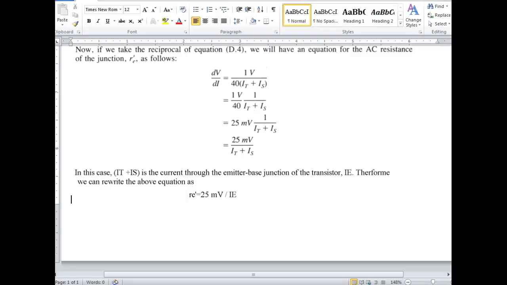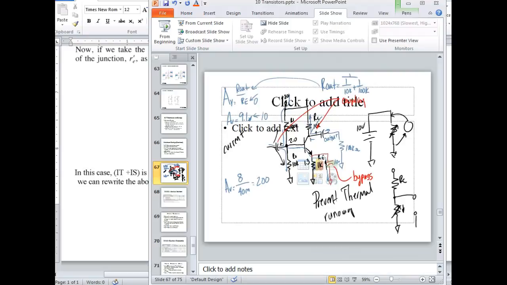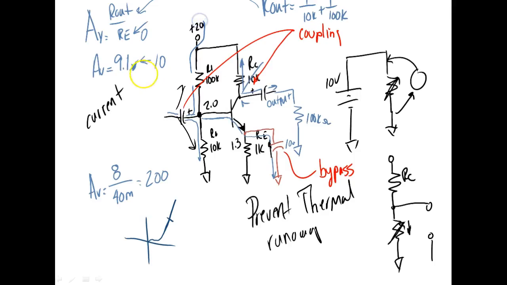So what we do to calculate the gain now is we take our same equation that we used before, this guy right here, and instead of using RE, I'm going to use RE prime. So let's calculate IE. We did it a while ago, so let's do the actual measurements here. What do we calculate here?